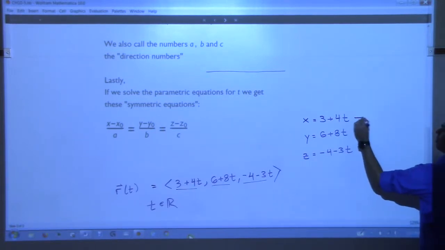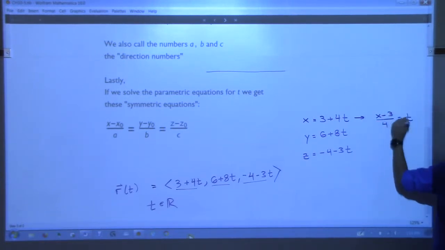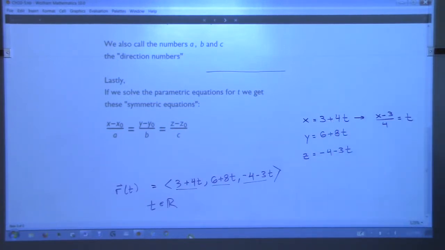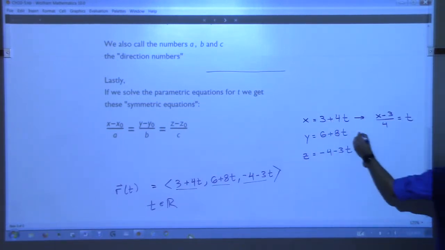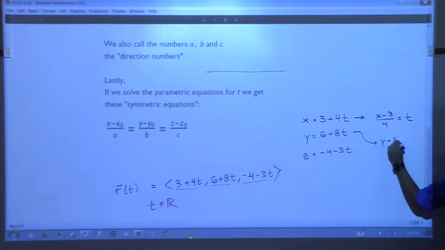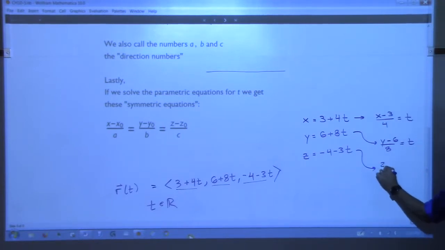So if I solve this for t, I would get x minus 3 over 4 equals t. Isn't that what I would get? Just move the 3 over, divide by 4. Yes? Okay. And then on this one, same thing. Solve for t, you get y minus 6 divided by 8. That's t. But then this one, if we solve for t, is z plus 4 over negative 3. Okay, we can leave it like that.